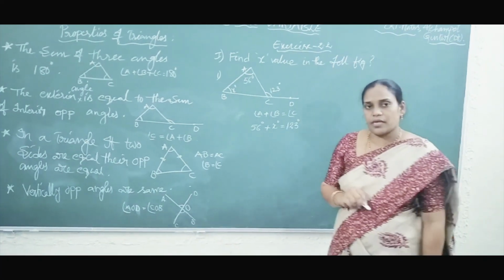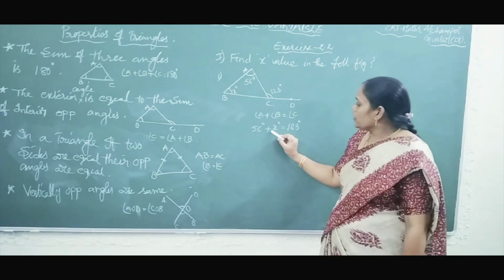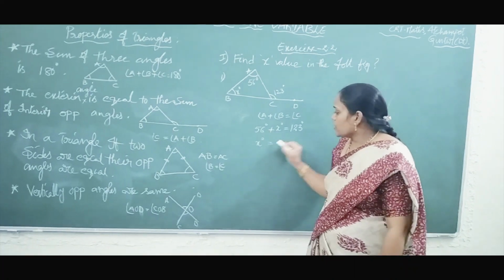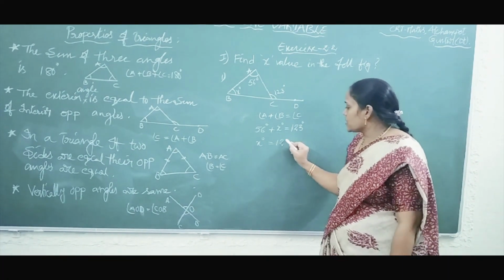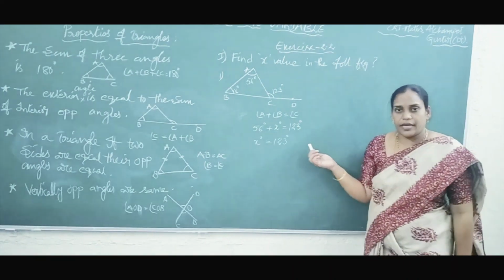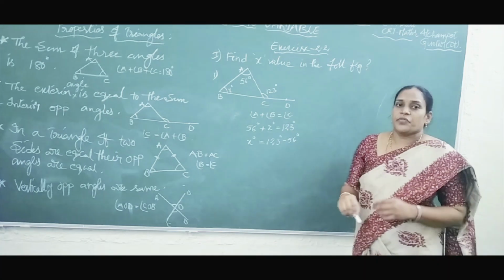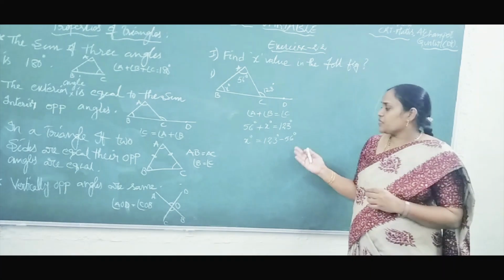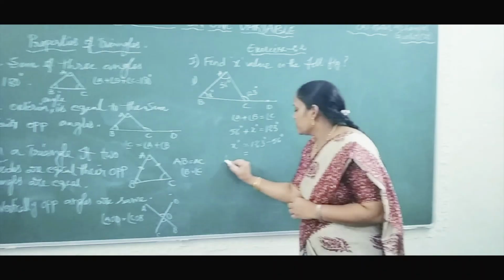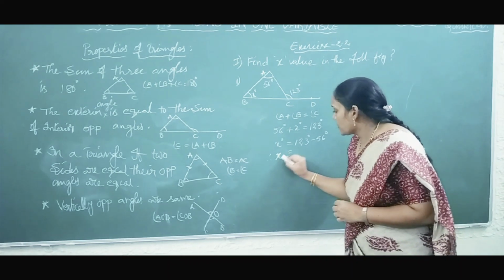So x degrees equals 123, plus 56 transposed to this side becomes minus 56. Subtract these two: 123 minus 56. Therefore x degrees is equal to 67 degrees. This is the x value.